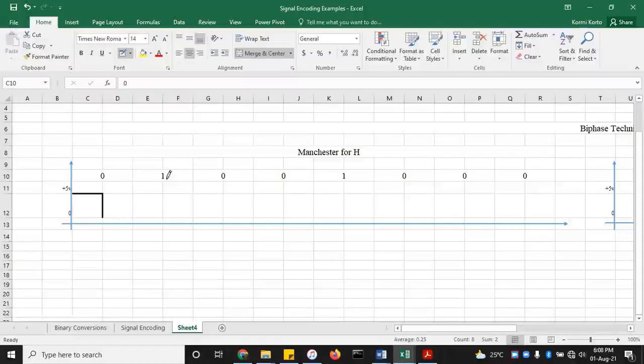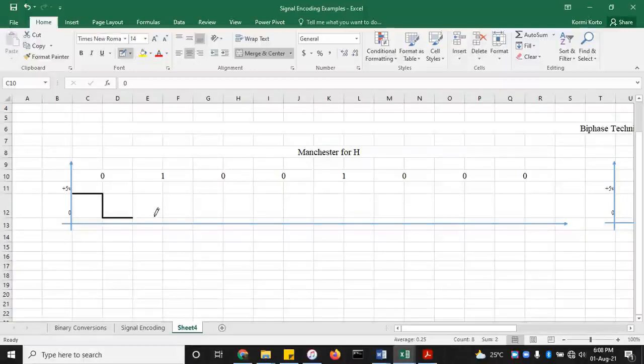Since 1 has to have a low voltage start, or a level voltage start, if we're here and we're moving to the second bit, because it's from 0 to 1, the only way we can get here is by moving straight up.